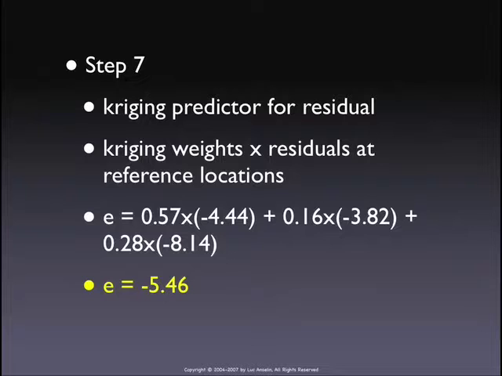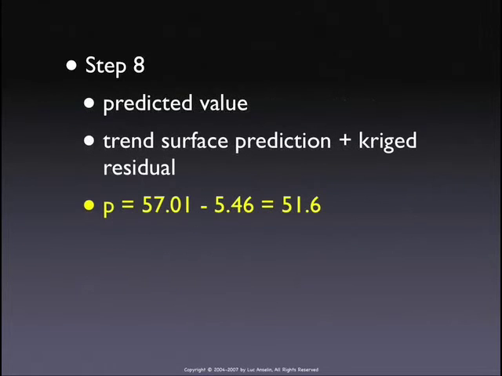So then to get a better prediction overall, we put the two together. So we have our original trend surface prediction with the prediction for the residual, and this gives us a better, in a mean squared error sense, in a minimum variance sense, a better prediction for the price of that house.